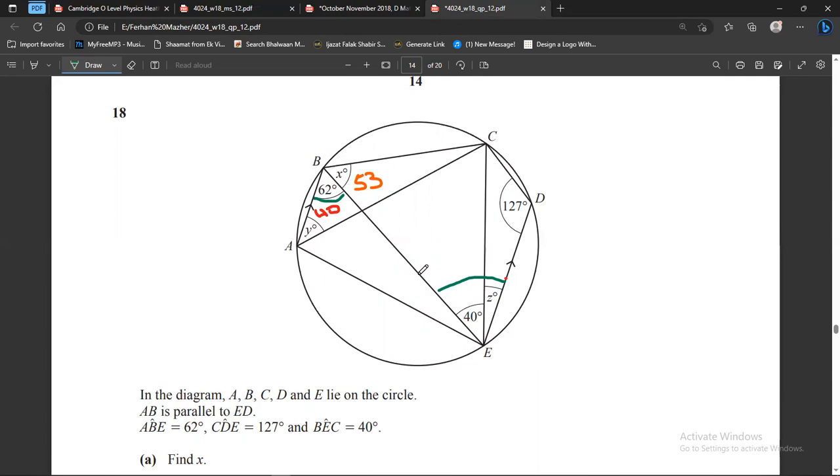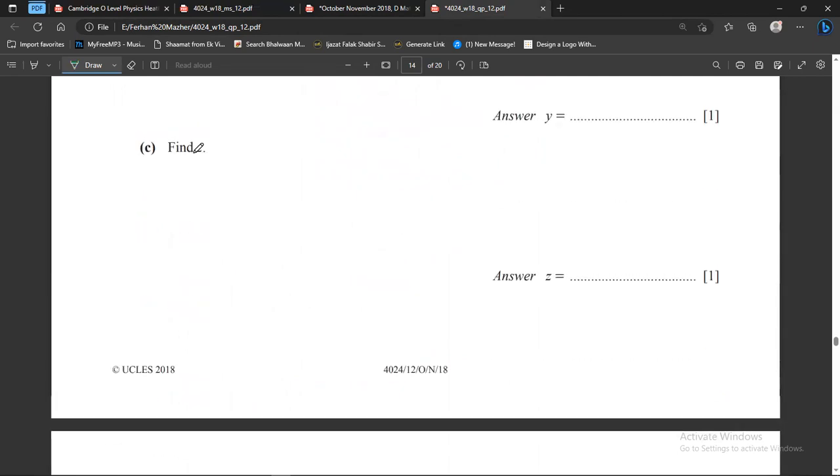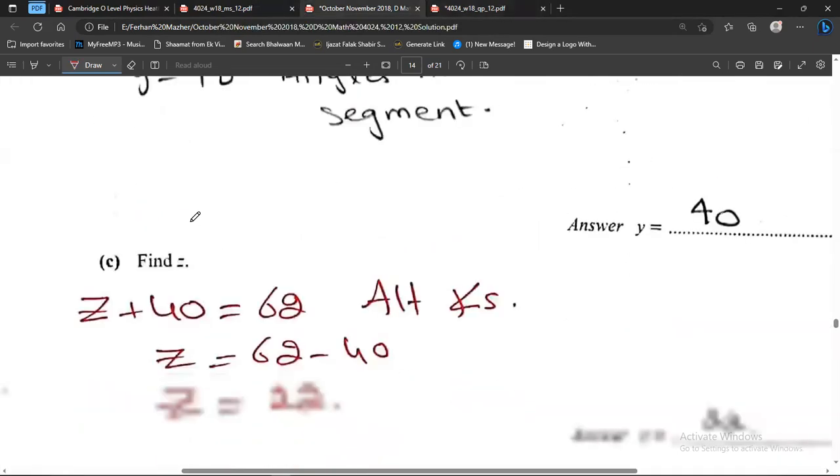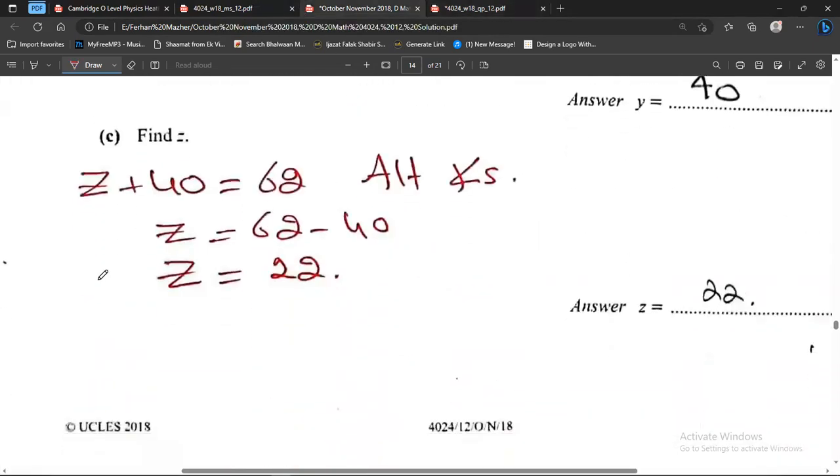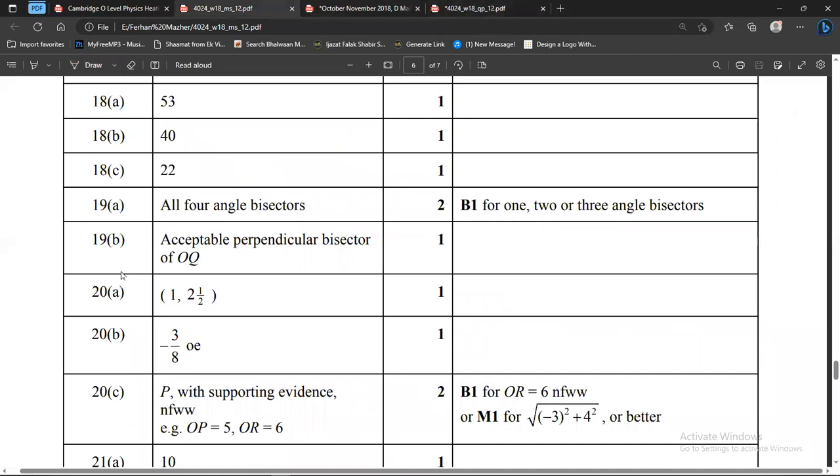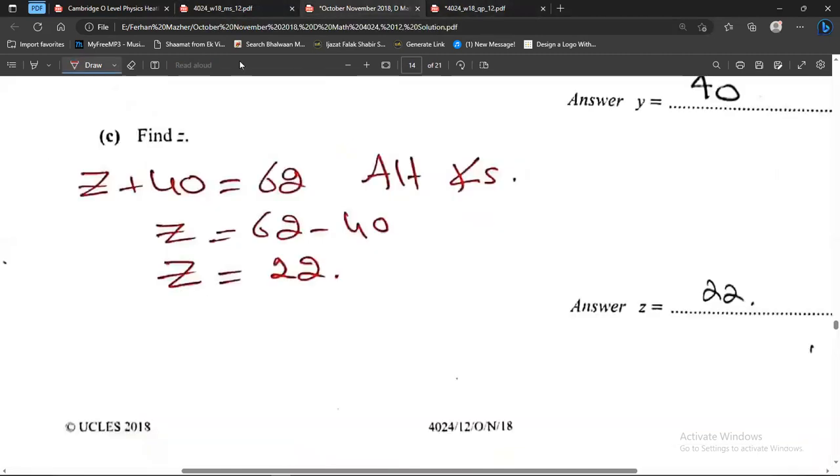And this line is the transversal. So these angles will be equal to each other. So Z plus 40 is equal to 62, because they are the alternate angles of the parallel lines. So Z will be equal to 62 minus 40, and Z will be 22. So my answer is right.